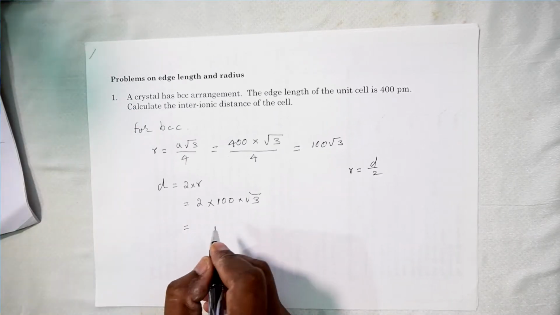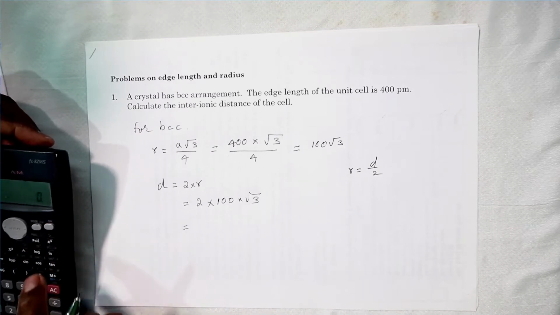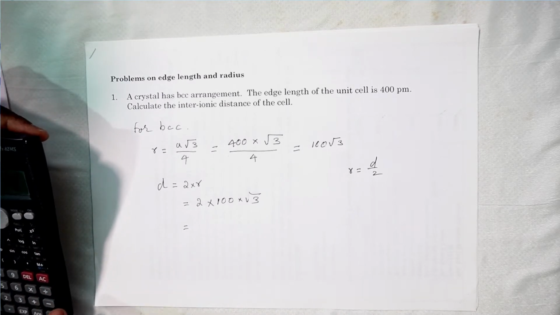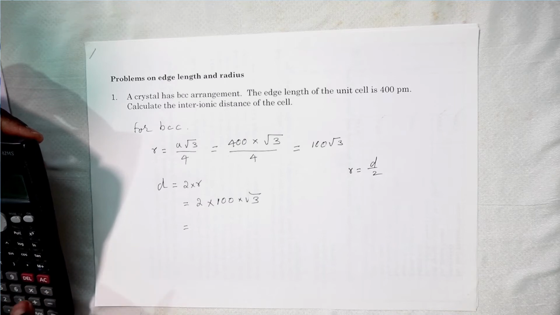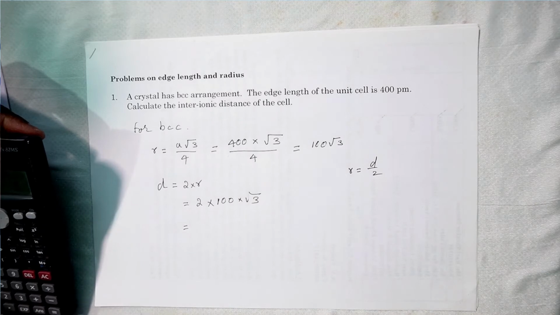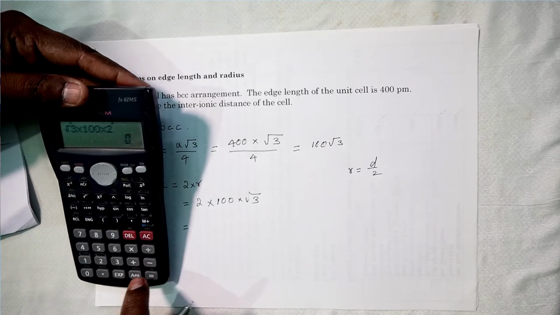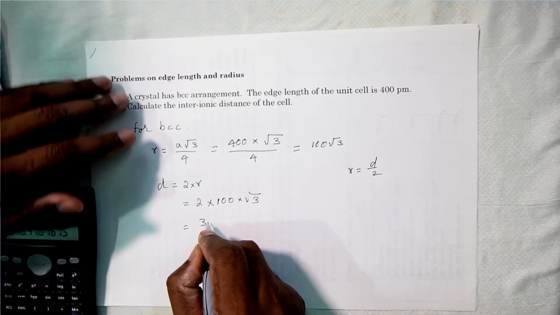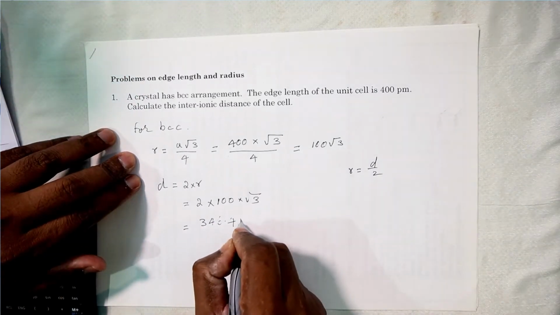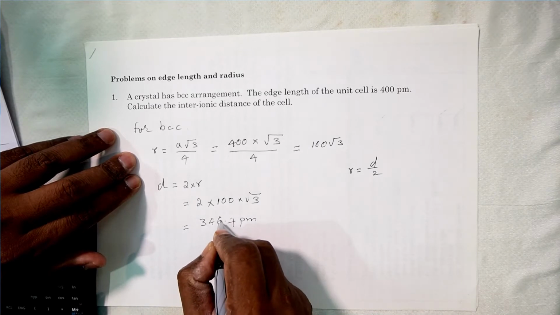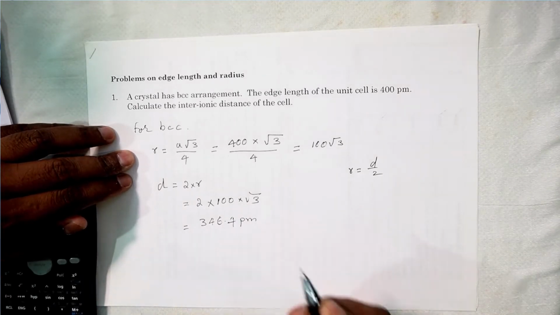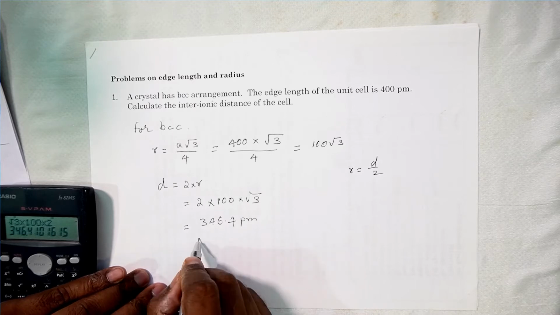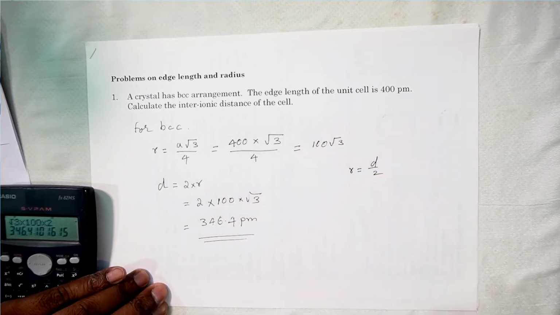So you can take a calculator: root 3 into 100 into 2 is equal to 346.4 picometers. So this is the interionic distance of the cell.